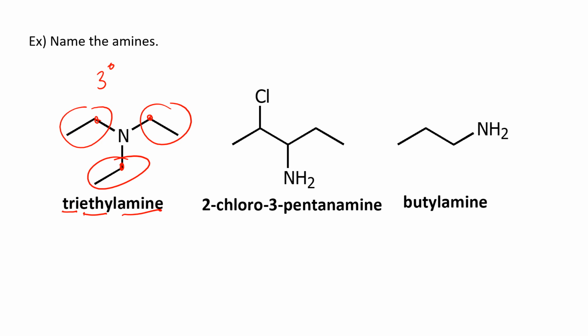Now we have a primary amine, so we're going to name this using the second method that we learned for primary amines, where we put the amine as our suffix. So let's name the carbon chain. We want to go 1, 2, 3, 4, 5. That's some form of pentane.